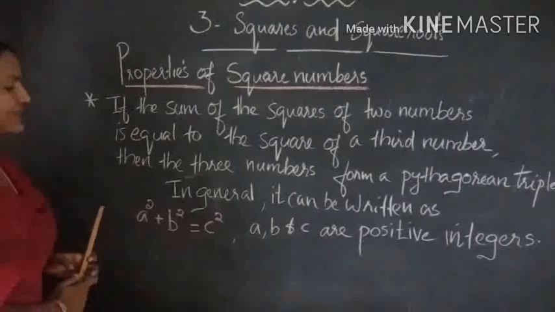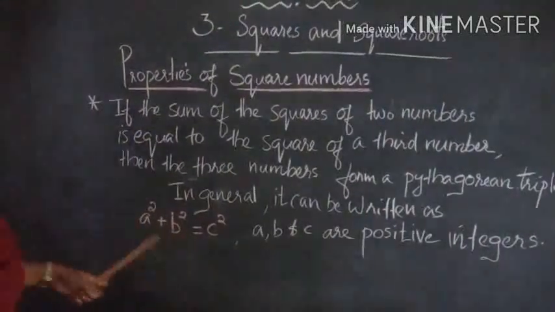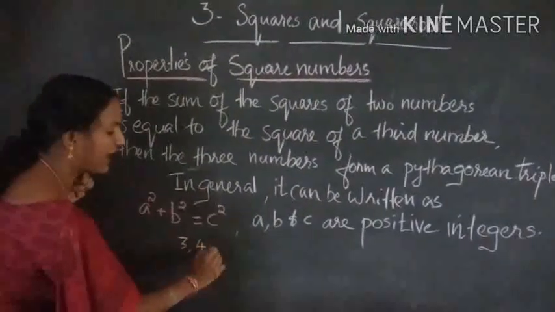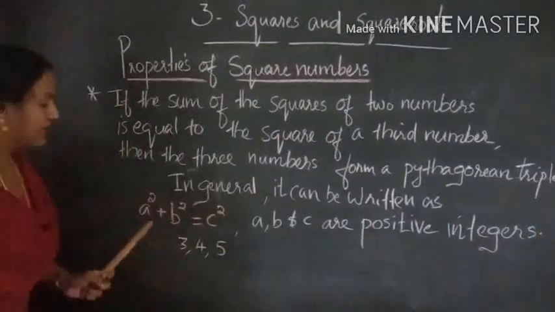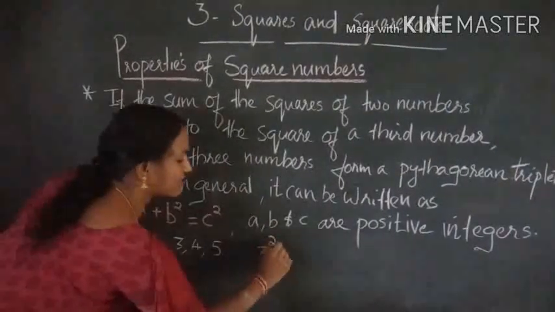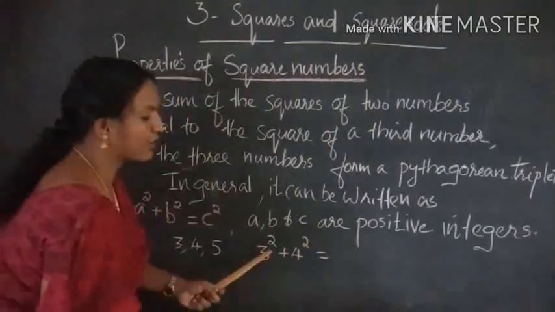Let us consider the three integers 3, 4 and 5. So, a square plus b square, that means 3 square plus 4 square is equal to the square of 3.